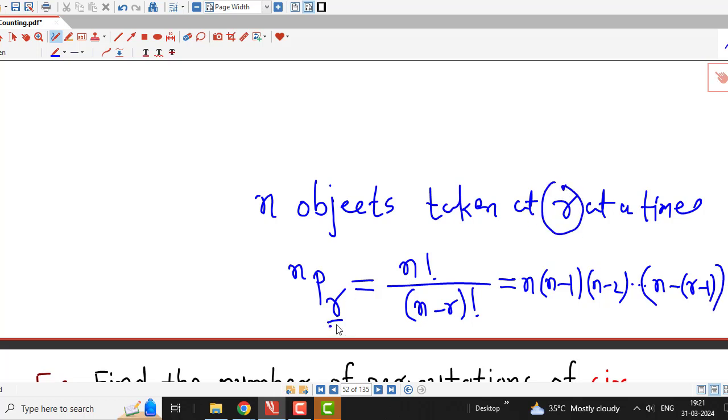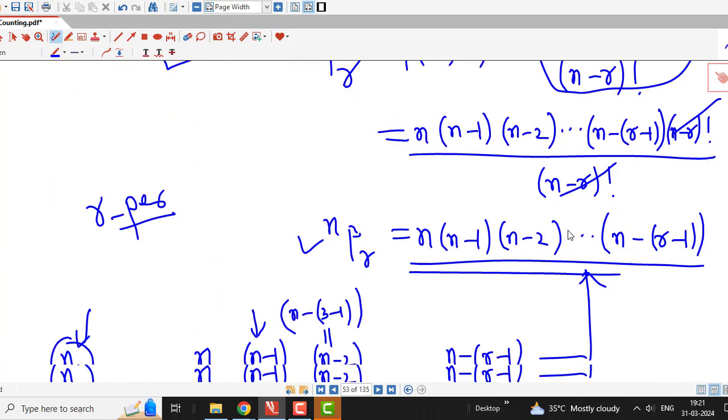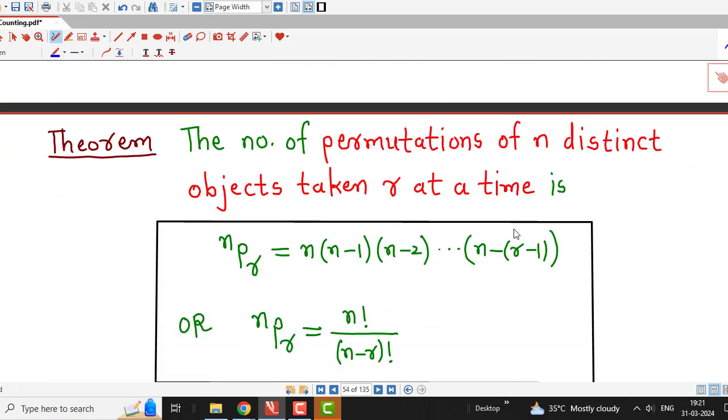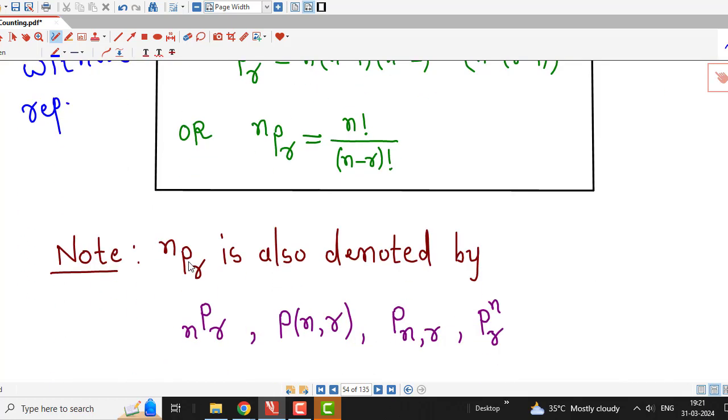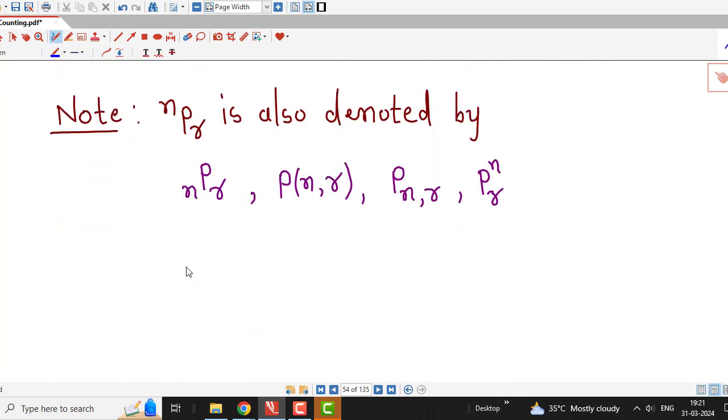If we have r here, then we will go up to n minus r plus 1. So remember this formula, that the number of permutations of n objects taken r at a time is given by this, and here we assume that we are not allowing repetitions. So this is without repetitions. For permutations with repetitions we will discuss later in this lecture series.